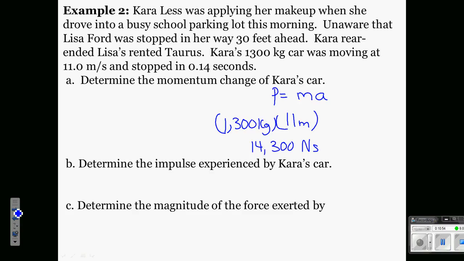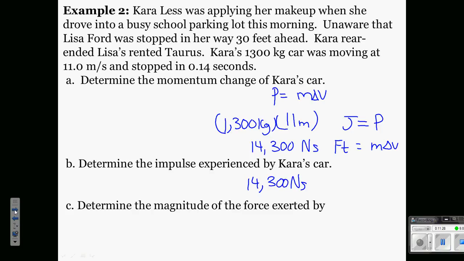Now remember the slide before, momentum and impulse are equal because this is FΔt and this is mΔv, the change of velocity. Okay, so that means that the impulse experienced by Cara's car is 14,300 N·s as well.